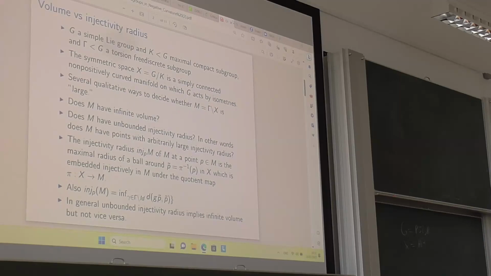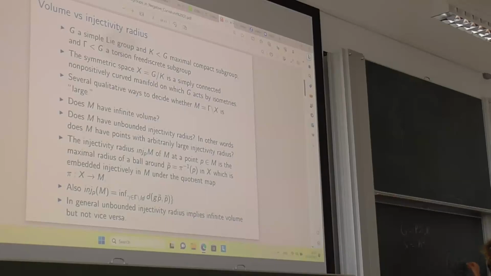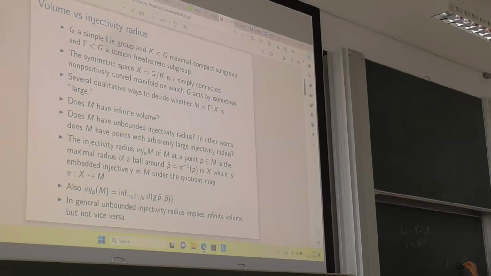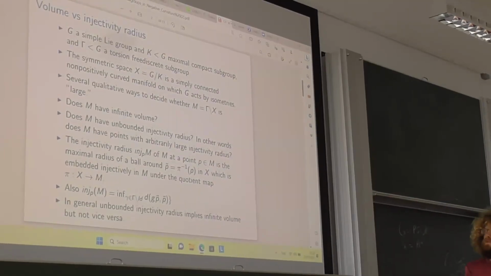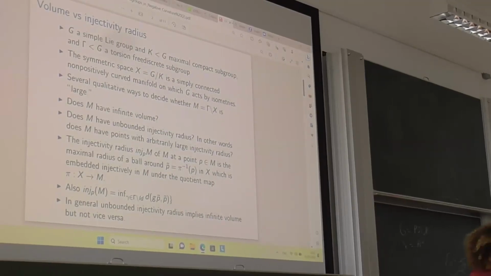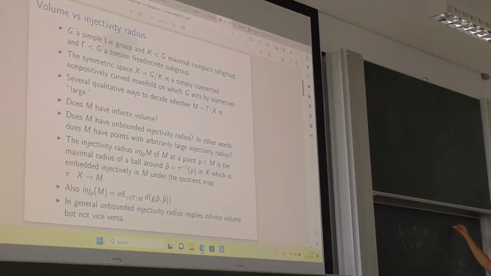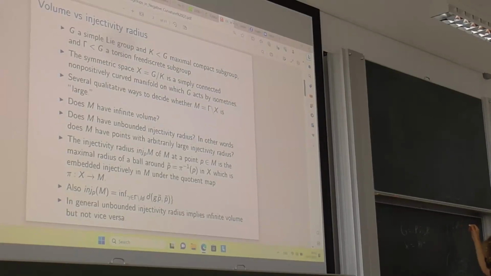So what is the injectivity radius at a point? It's the largest radius of a ball which you can embed injectively. Or equivalently, if you look at a point in the pre-image, it's the minimal amount that an isometry in your group translates that point.